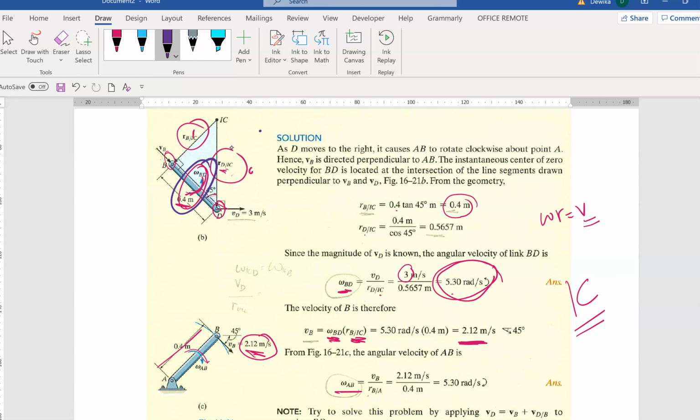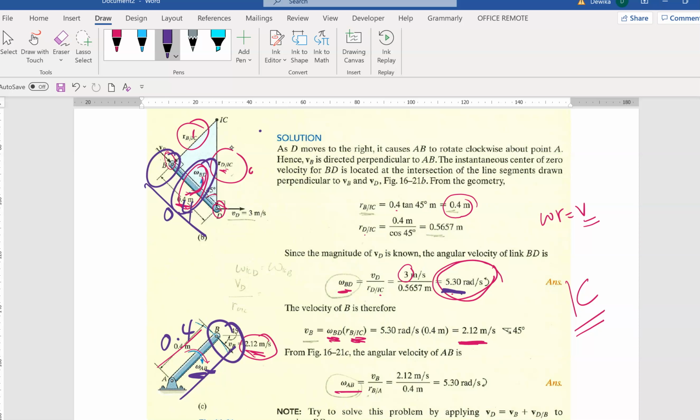This rod has got the angular velocity of 5.3, BD is 5.3. The only thing that's common between this rod and this rod is the B. Omega need not be the same, because in this case it happened to be that this is 0.4 and this is 0.4.